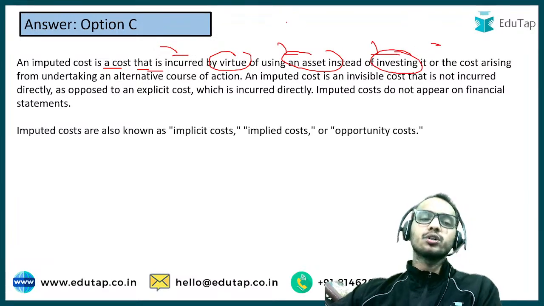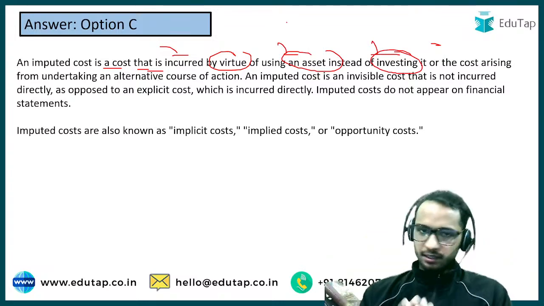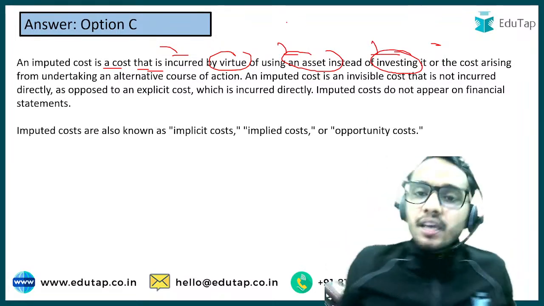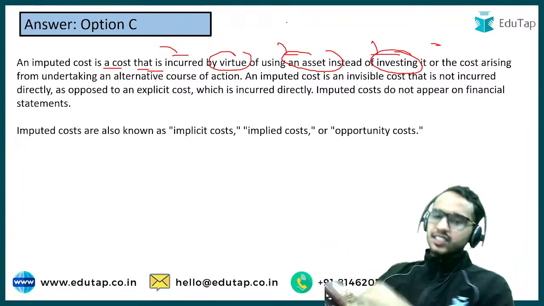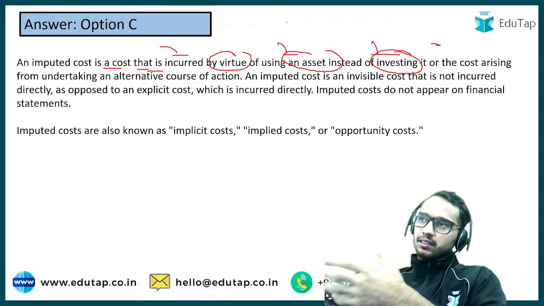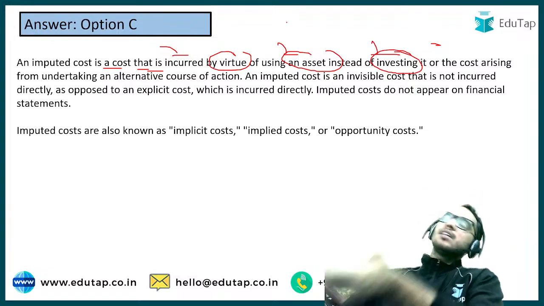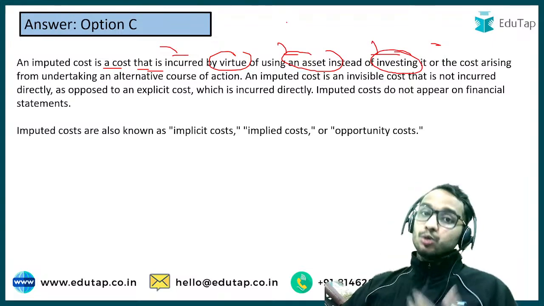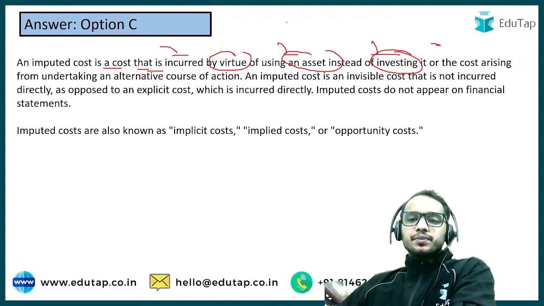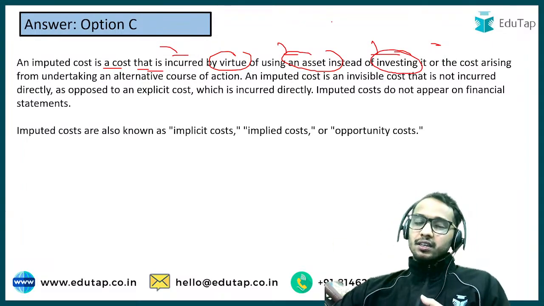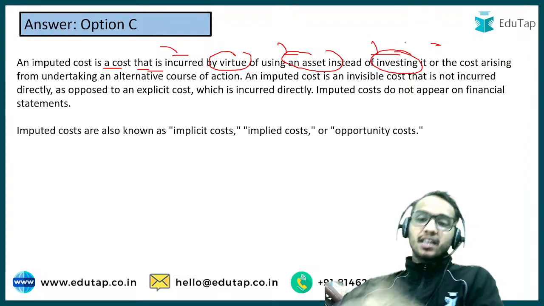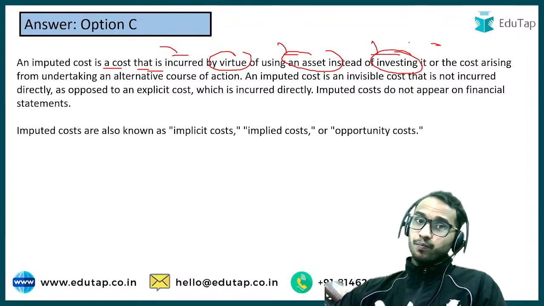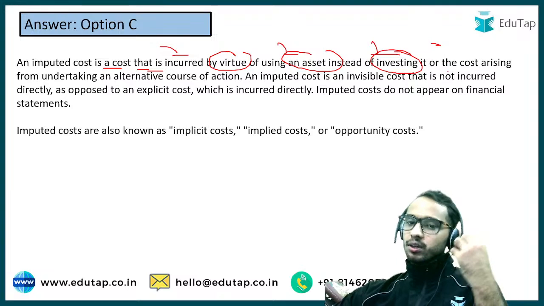Suppose you have a building. How can you earn money out of it? By investing in it, by giving it on rent, you can earn income on it, but you are not doing that. You are using the asset, not investing it. Got the logic?